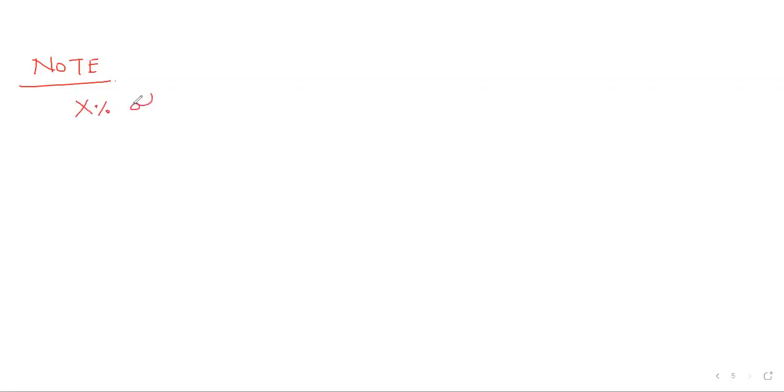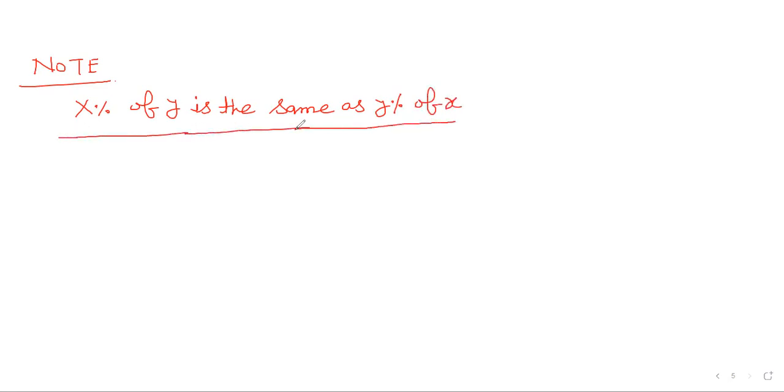X% of Y is the same as Y% of X. This sentence is very helpful, and with the help of this sentence you can solve a bigger multiplication, bigger simplification within 30 seconds, 20 seconds.